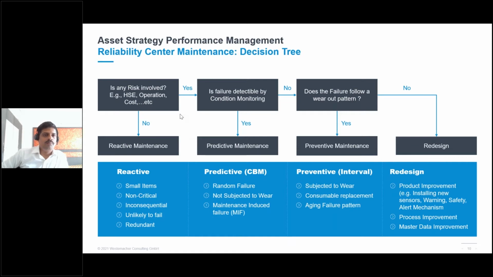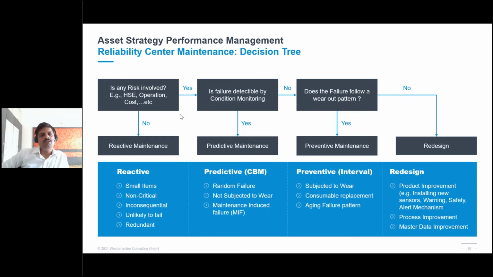As an example, as a first step in reliability centered maintenance, we check the risk associated with the equipment. The question we ask ourselves is, for a given equipment, do we have any risk associated with health, safety, environment, or operational loss, or maybe an economic loss? And if the answer is yes, then we definitely need to follow a detailed analysis to decide a right maintenance strategy.